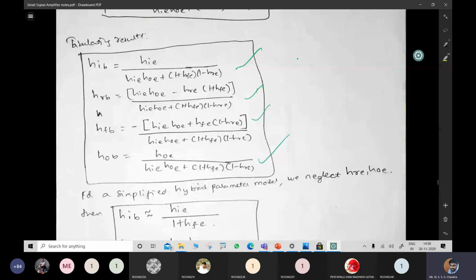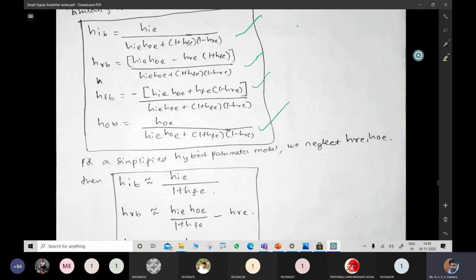Once you have got these expressions, you can simplify them by removing your HRE value and HOE value. In the last class itself, we told that for a simplified hybrid model, we'll be removing the output conductance HOE value and your reverse voltage gain value HRE. We are removing that HRE into VCE term, right?